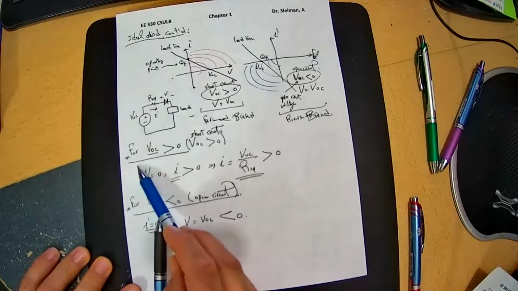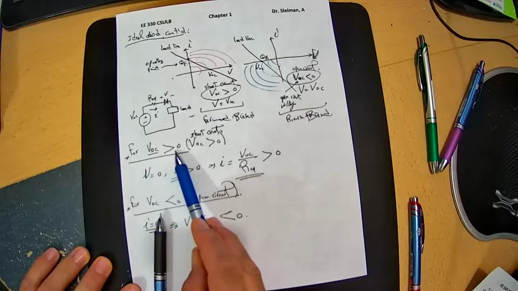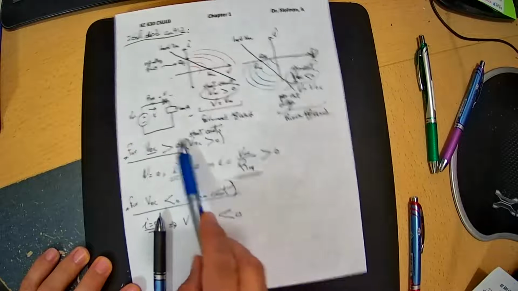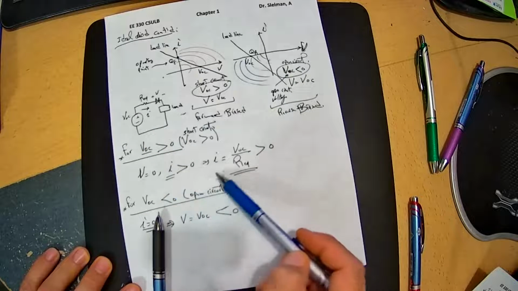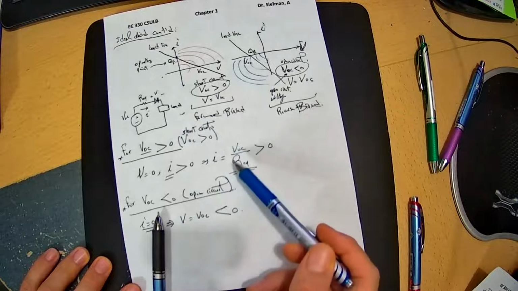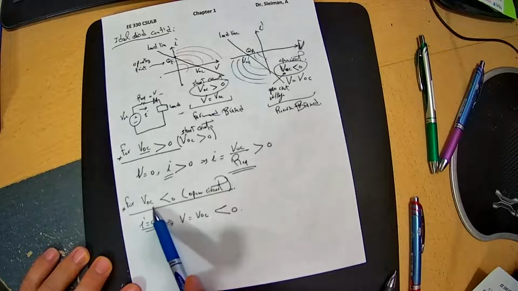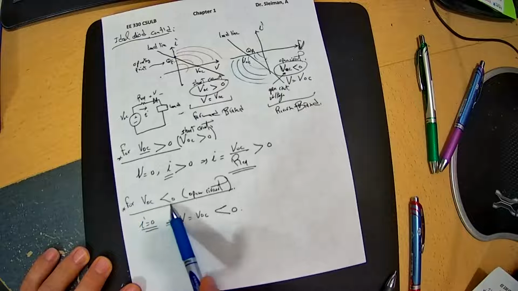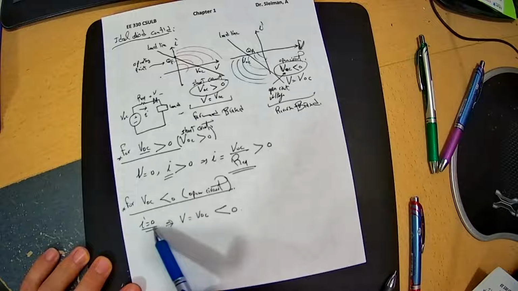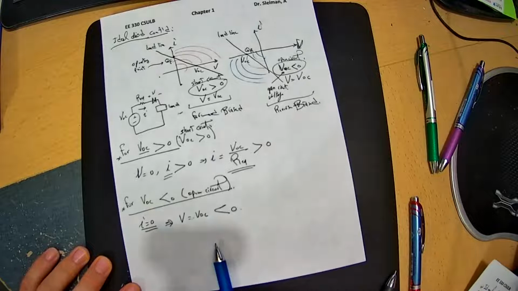We have two cases. When the open circuit voltage is greater than 0, everything runs normally, so we can calculate the current through the load with Ohm's law. When the open circuit voltage is less than 0, nothing will happen, so the current is 0.